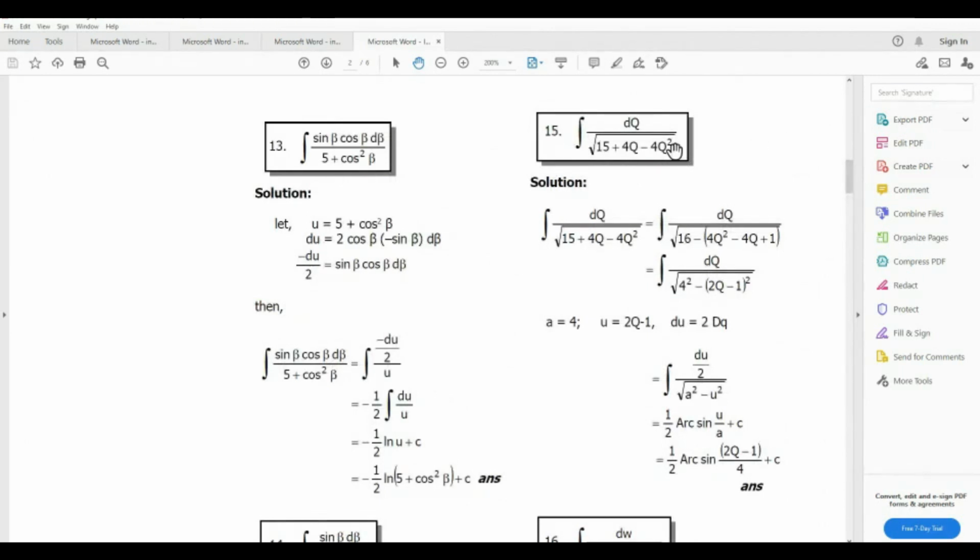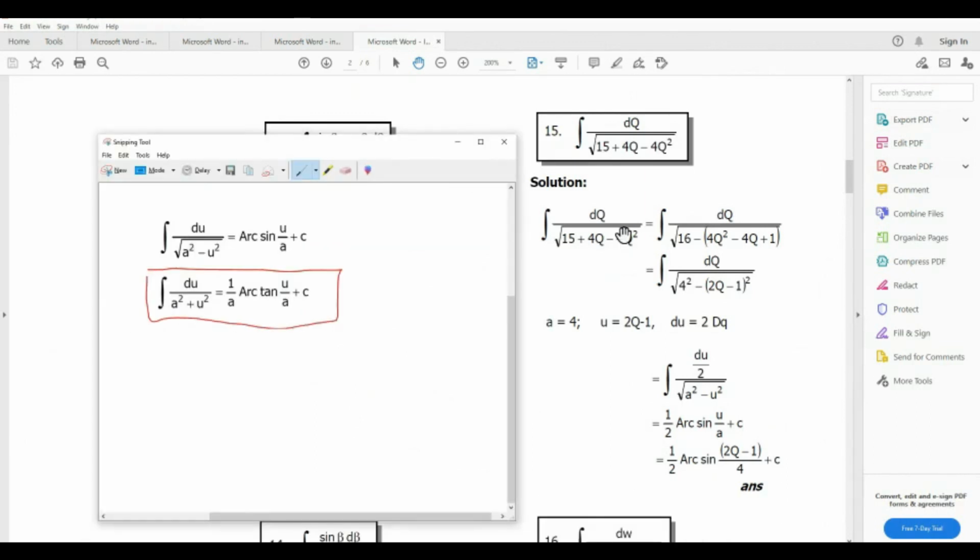Square root. So, q squared, wala namang q doon. Pag ginawa yung derivative, baka inverse trigonometric to. Ang nangyari dito, kinonvert sa perfect square uli. Ginawang, this is the same as 16 minus 1, kasi 16 minus 1 is 15.